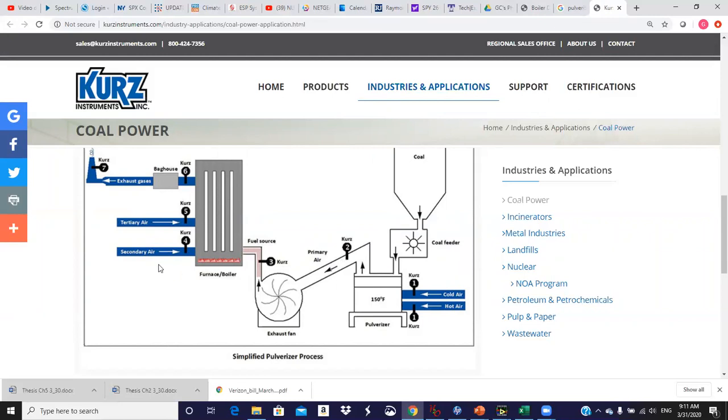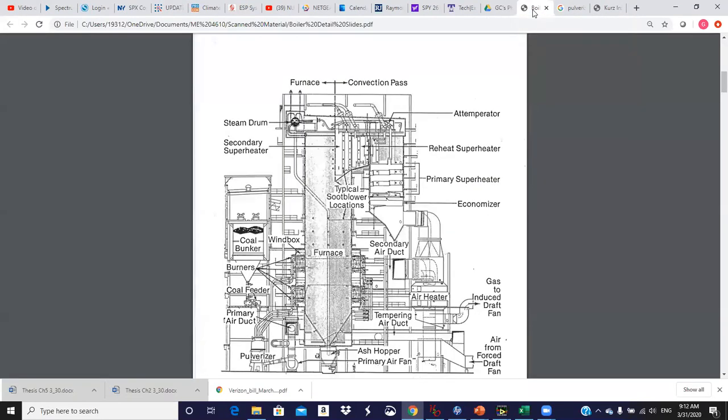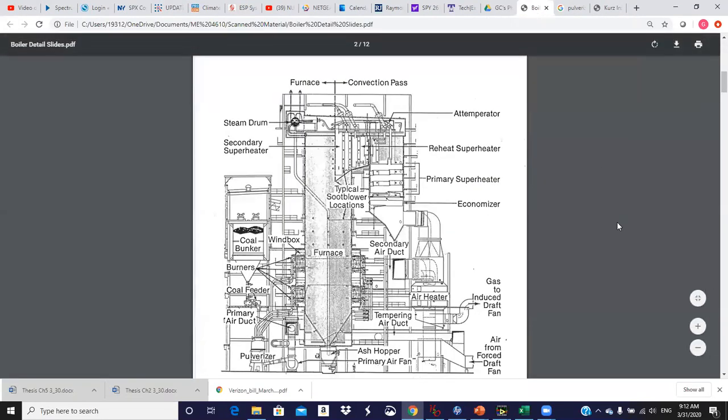Over here, we're showing secondary and tertiary air, which is heated air, again, to stage the combustion. And the flue gases come out the top here, a baghouse for gas cleanup, and lots of other stuff in there. Okay, so back over to this diagram.